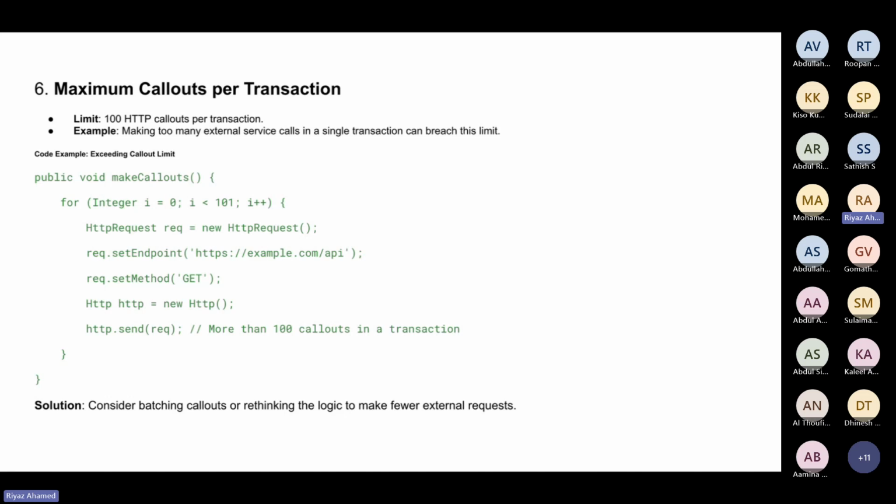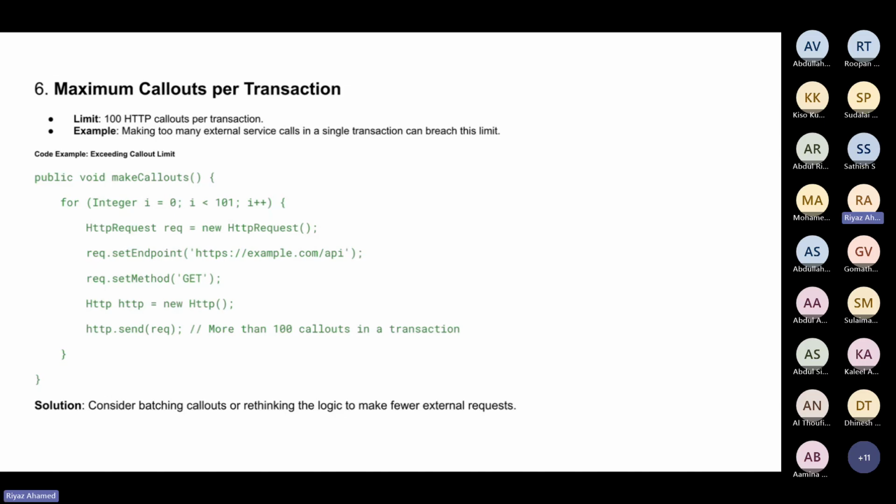During that time, for a single transaction, if there are more than 100 callouts, it will throw an error. 100 callouts per transaction is the Salesforce limit. So if you are doing callouts, you need to consider this limit while developing.